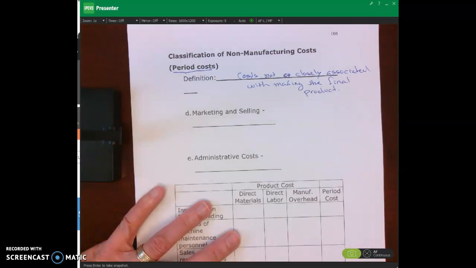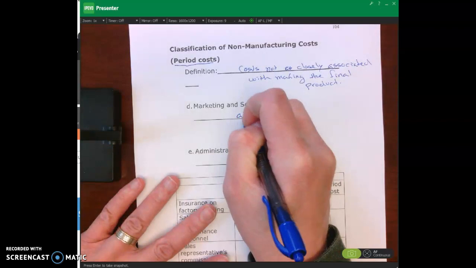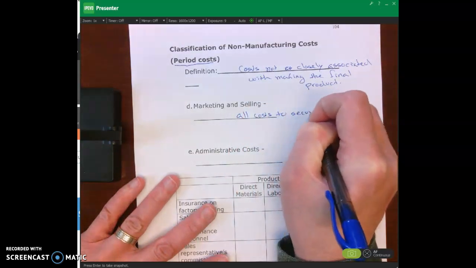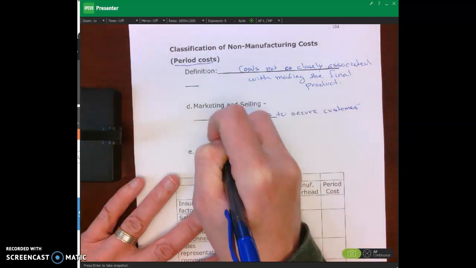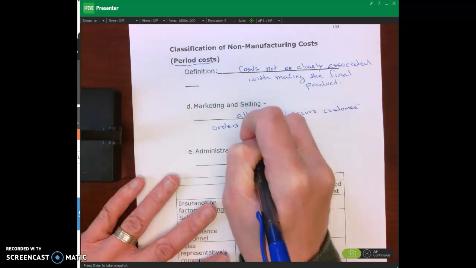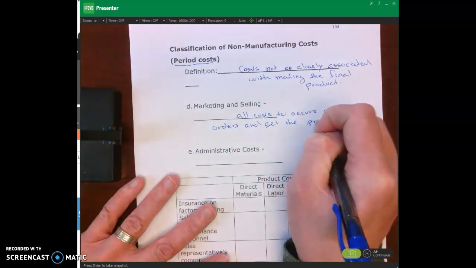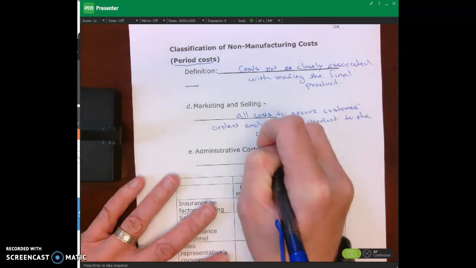Okay? So we have two subclassifications of period costs. We can say our marketing and selling costs are all costs to secure customer orders and get the product to the customer.